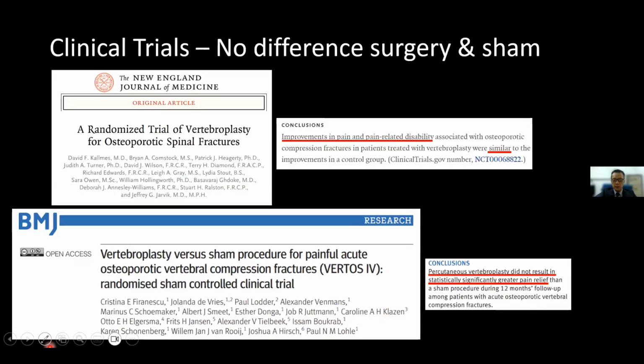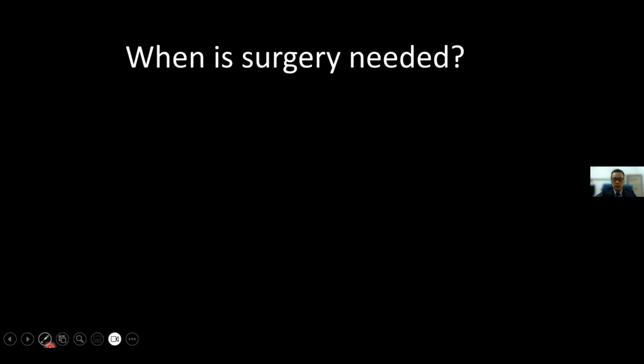Previous randomized trials comparing surgery with sham surgery noted no difference between the two in patients with acute osteoporotic compression fracture. Then when is surgery needed? The focus of today's talk is on surgery.